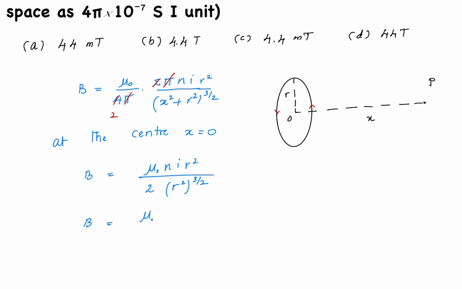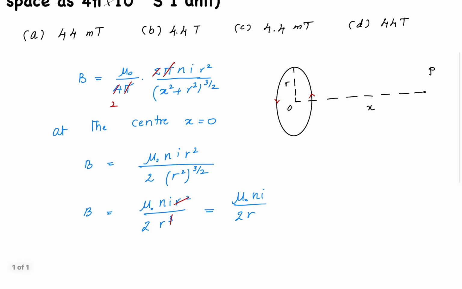So B is equal to mu naught n I r square divided by 2 into r cube. Now r square and r cube get cancelled out. So what we remain with is mu naught n I divided by 2 r. So this is the relation that we'll have for the calculation of the magnitude of the magnetic field at the center of a current carrying coil of n turns.